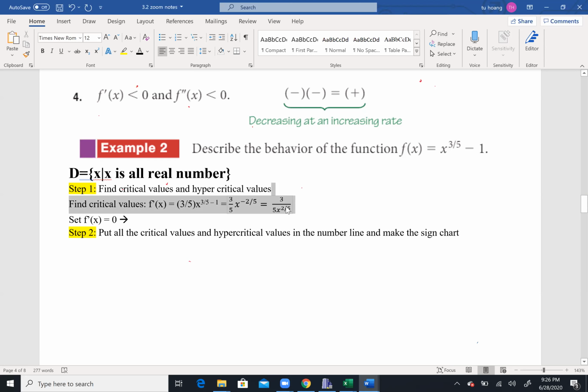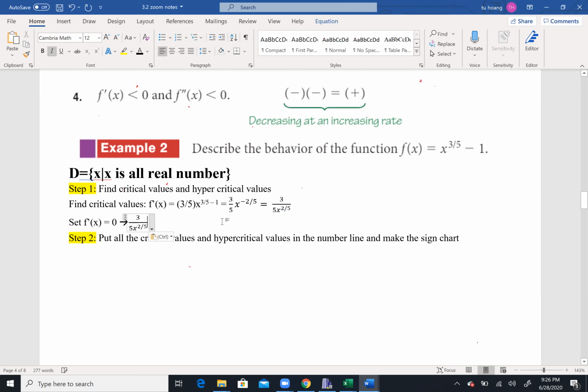You set this equal to 0, but you will have no solution, because in a fraction you only need to take care of the top equaling 0, and the top here is 3, so there is no way to make it equal 0. So there is no solution for this.